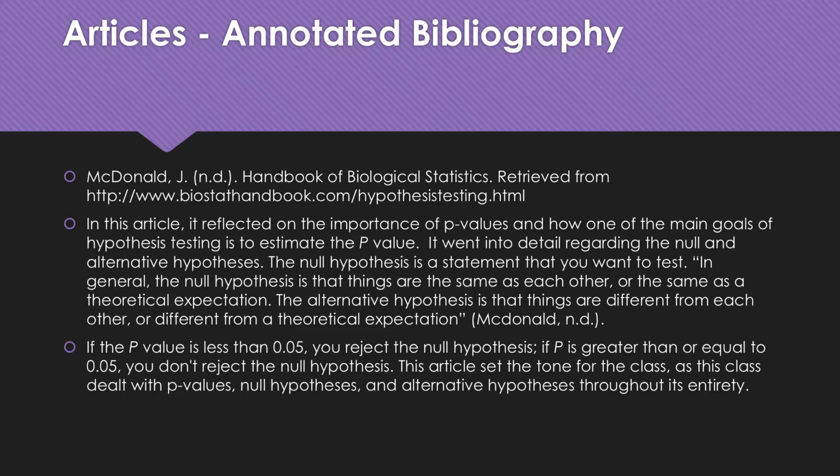The alternative hypothesis is that things are different from each other, or different from a theoretical expectation. If the p-value is less than 0.05, you reject the null hypothesis. If p is greater than or equal to 0.05, you don't reject the null hypothesis. This article set the tone for the class, as this class dealt with p-values, null hypothesis, and alternative hypothesis throughout its entirety.